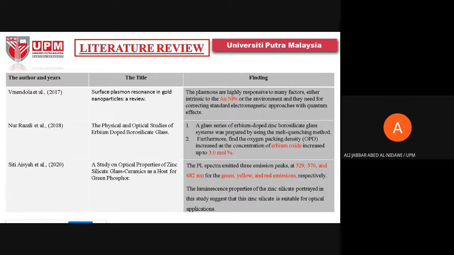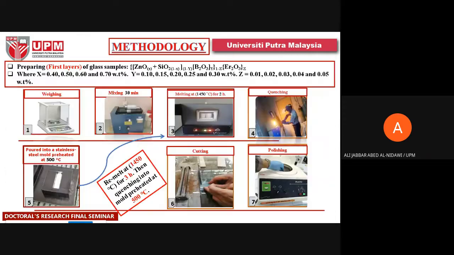Norrezela et al. 2018 studied the physical and optical properties of erbium-doped borosilicate glasses using the conventional melt-quenching method, finding the density increased with increasing erbium oxide concentration up to 3 mole percent. CT Asia et al. 2020 studied the optical properties of zinc silicate glasses as a host for green phosphors, finding green, yellow, and red emission.